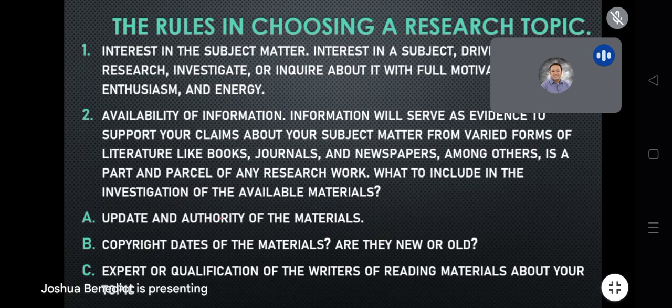Or would you believe a nurse by profession who wrote an article on effective ways in strengthening the structural foundation of your house? Di ba hindi? You would go to an engineer and to an architect on that.